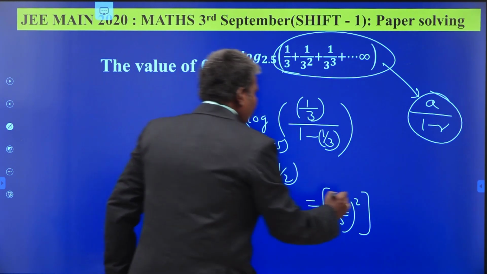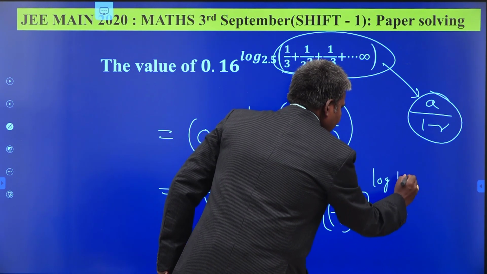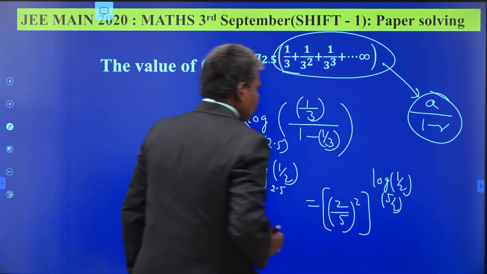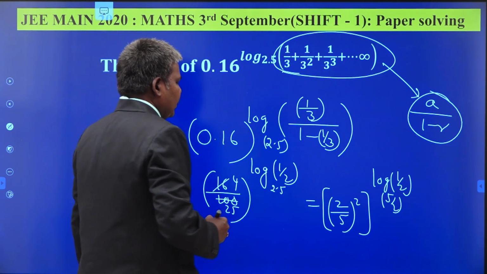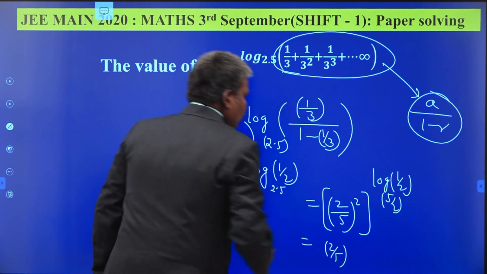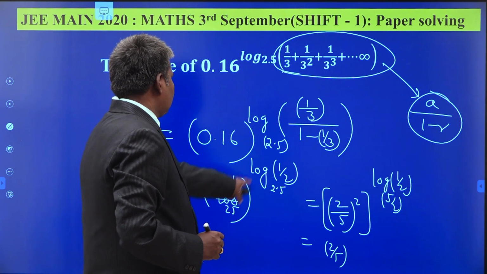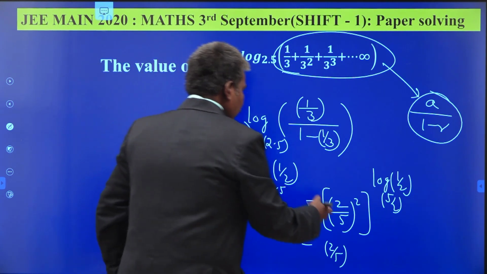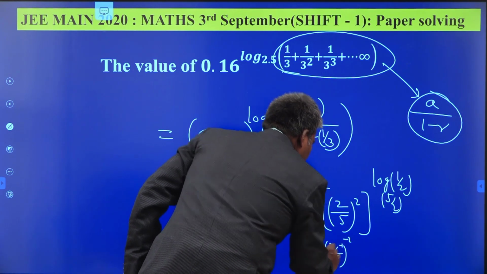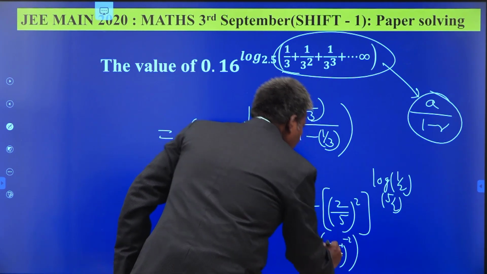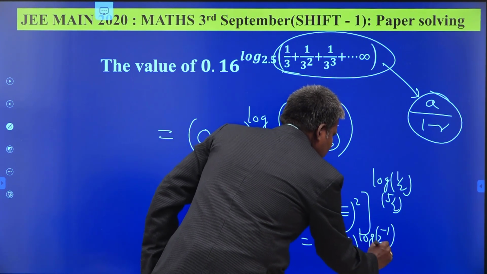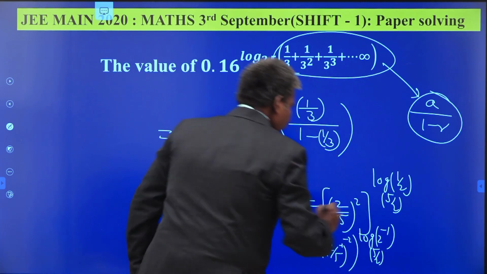Whole power log of 1 by 2 to the base 5 by 2. Am I correct or not? 2.5 means 5 by 2. The power minus 2, if you write this one as minus 1, whole to the power of log of 2 to the power of minus 1 to the base 5 by 2.